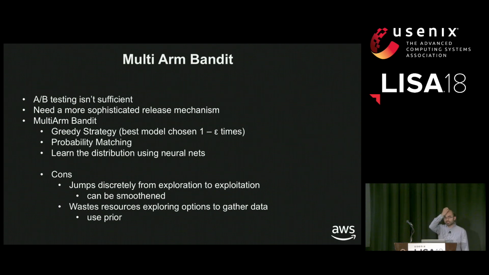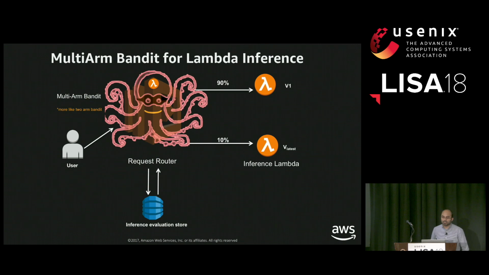So MultiArm Bandit, I'll quickly summarize this as there are two constructs here: explore and exploit. When you explore, you're trying to find which is the best model. Once you find what's the best model, you want to exploit, that is, send maximum traffic to that. So here's how you could do MultiArm Bandit, more like 2-arm Bandit just for now. But the idea here is you don't want to just fix a percentage.